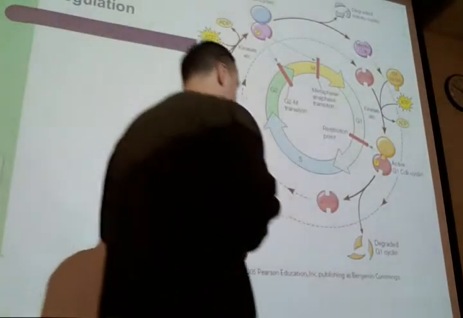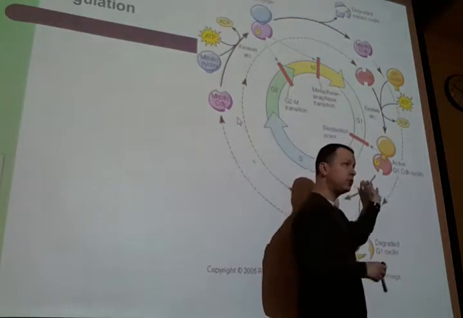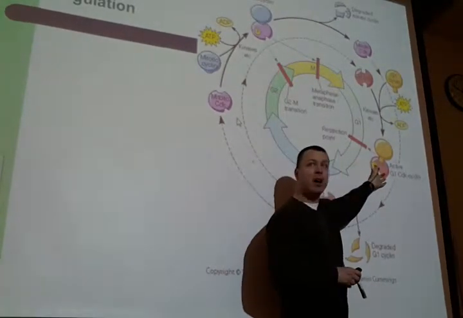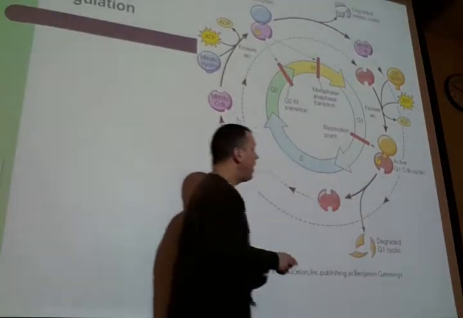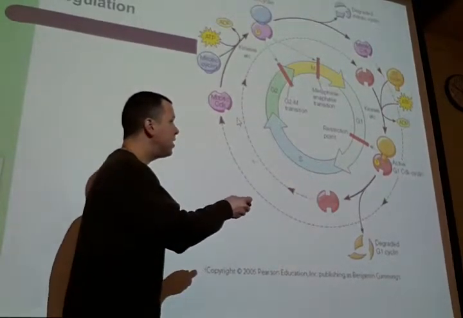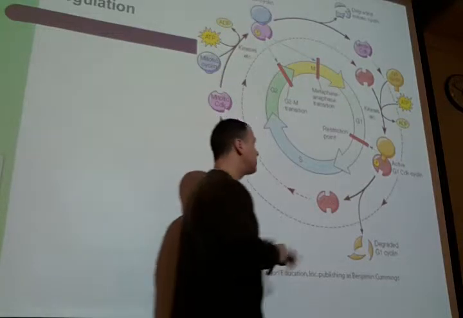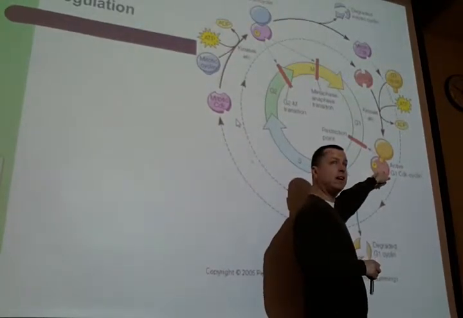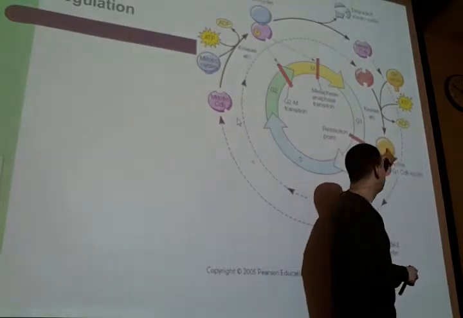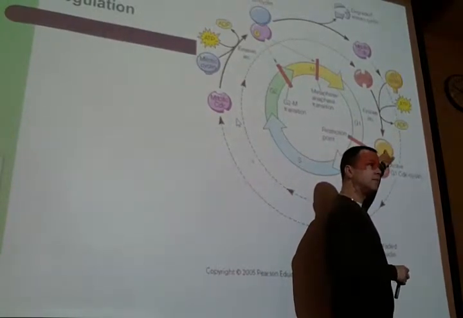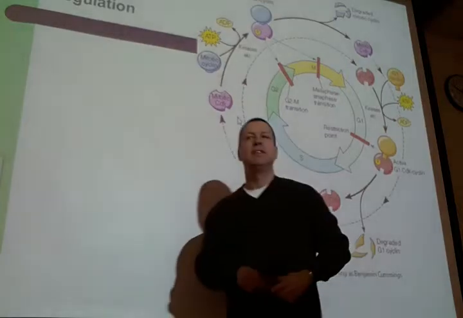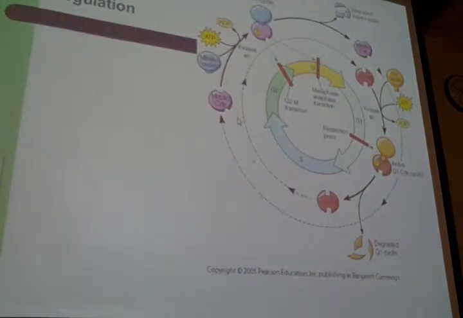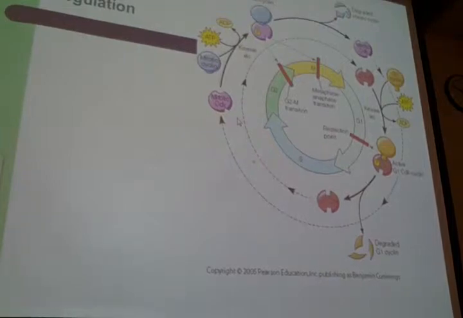The other really cool thing about this is, so that's the on switch, but once we make the transition, then we need to turn that one off. The cool thing about it is the off switch is sort of built into this. One of the targets of this G1 cyclin CDK complex is a protease that breaks down that cyclin. Isn't that clever? So once it goes through that transition, the protease gets turned on, it breaks down the cyclin.